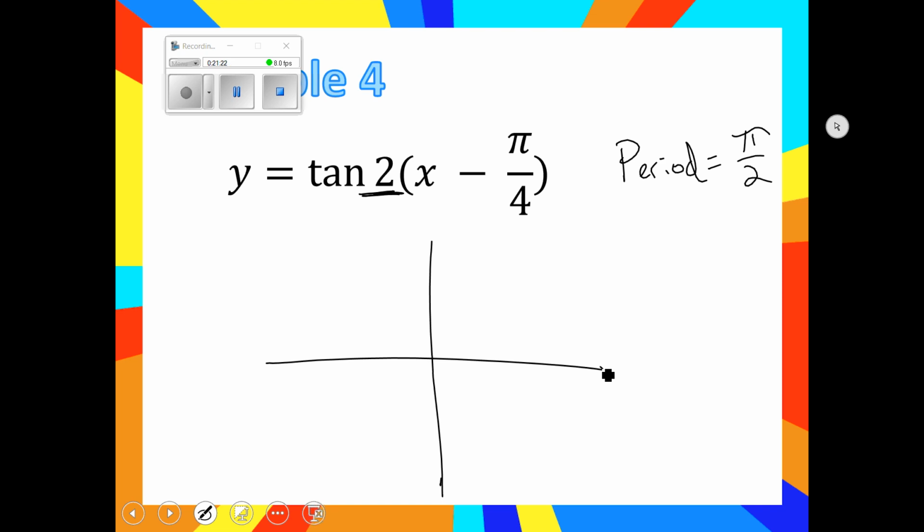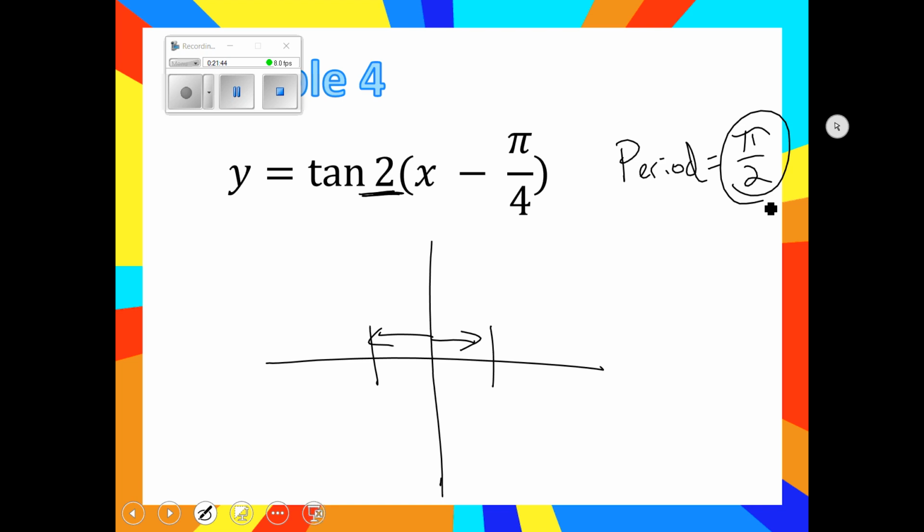So basically, to figure out how far you go out this way and how far you go out this way, you want this distance in either direction to be pi over 2, your period. So really what you need to do to figure out where you go to here is you need to take this and divide it by 2. Okay? And you can do that in your calculator.